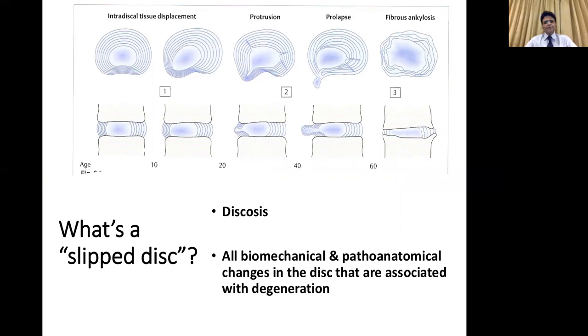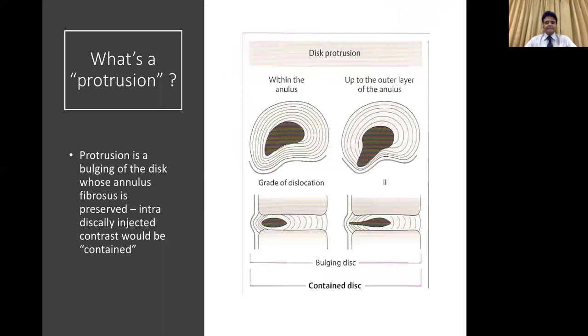This is related to a disc protrusion or a prolapse, which may or may not irritate or compress a nerve root in the lower back. All biomechanical and pathoanatomical changes in the disc associated with degeneration, right from a bulge to more than a bulge, from a contained disc to a non-contained disc herniation, are all clubbed under a slip disc.